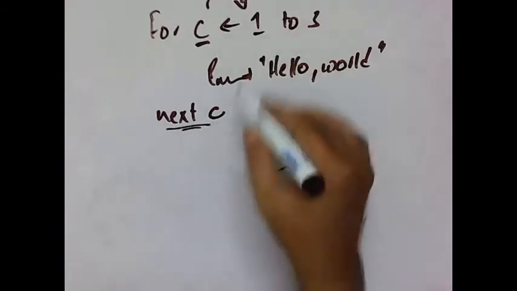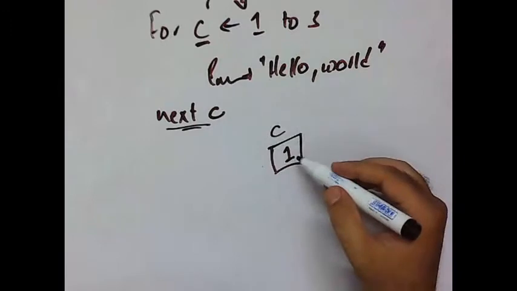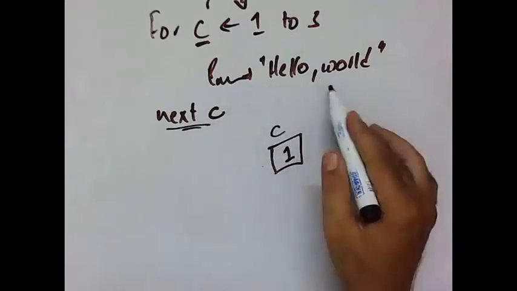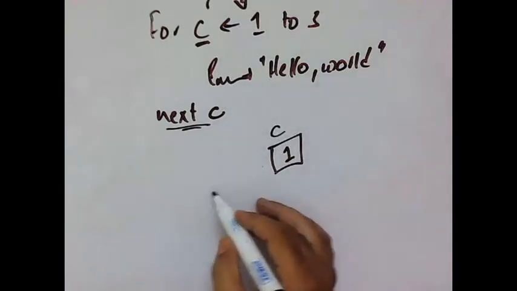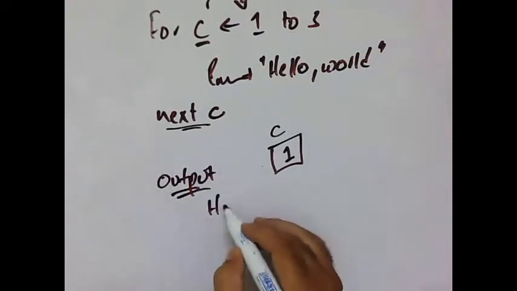So in this particular example, after it has initialized C with 1, it is going to display hello world on the screen. If I were to write it over here, this is our output, hello world.